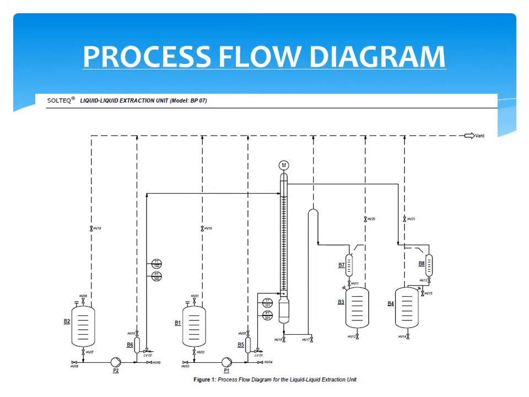Next, start the stopwatch and continue to collect the product sample every 2, 4, 6 minutes until the refractive index value is constant. Record the refractive index value of both samples until constant and use the calibration curve in Appendix D to determine the acetone, which is the solute composition in each phase.